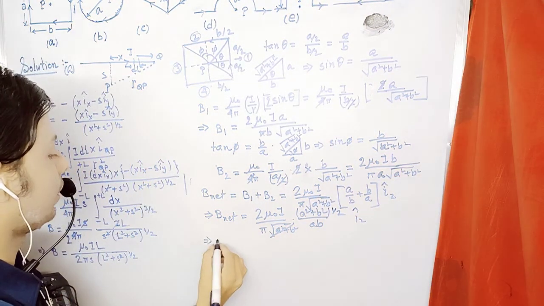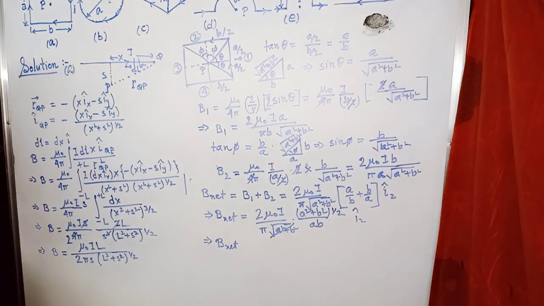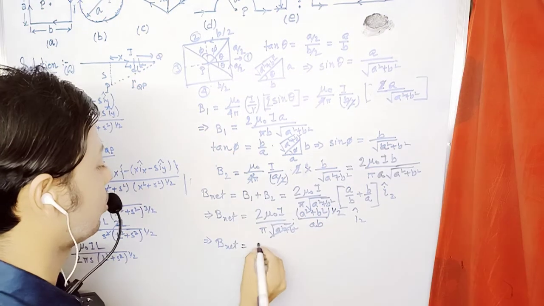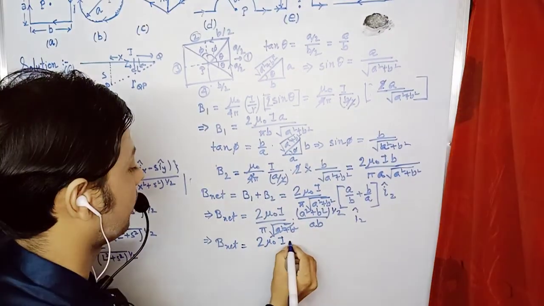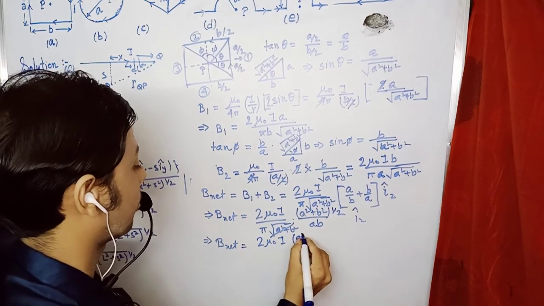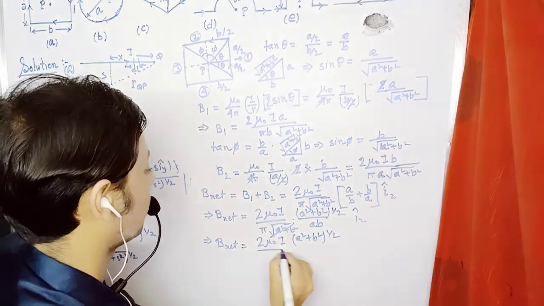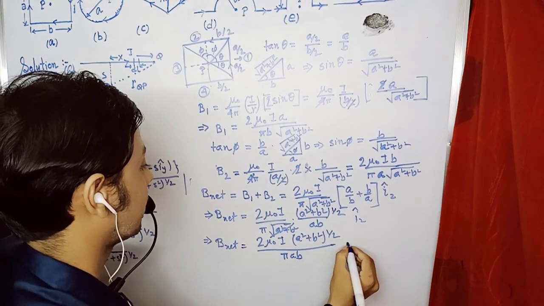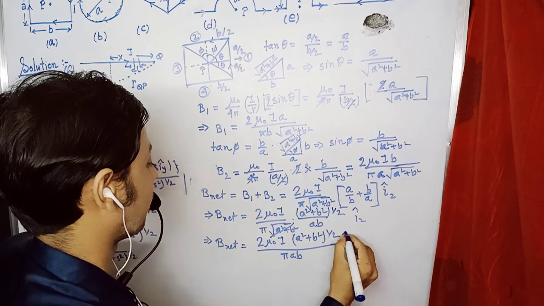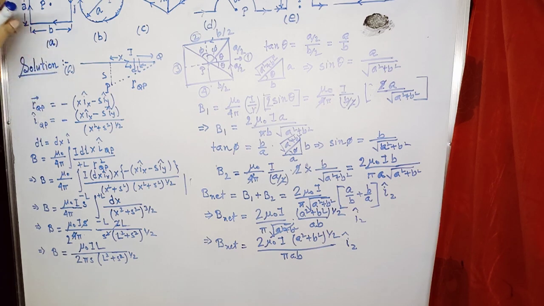So the net magnetic field for this loop will be equal to 2 mu naught I, a square plus b square whole to the power half, divided by pi ab, with its direction z cap. So this is the solution of part A of problem number 10.